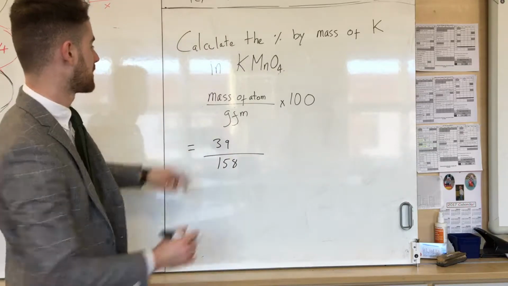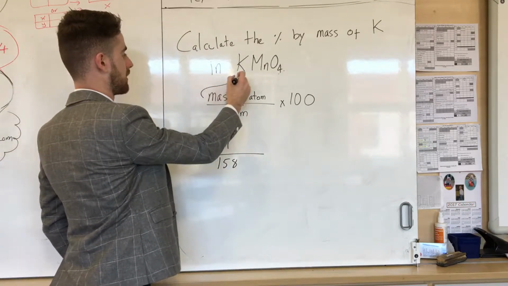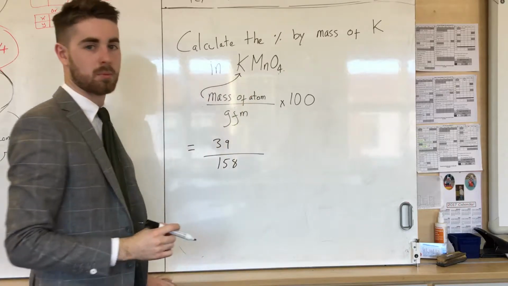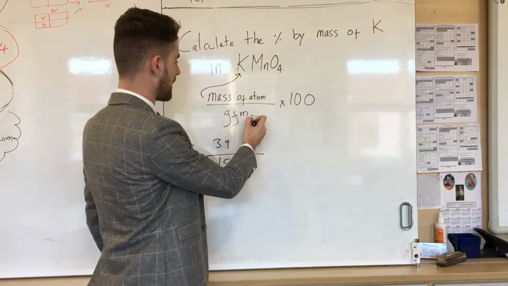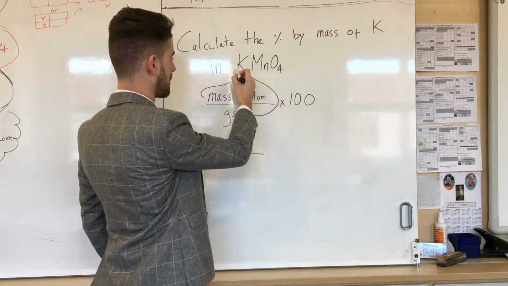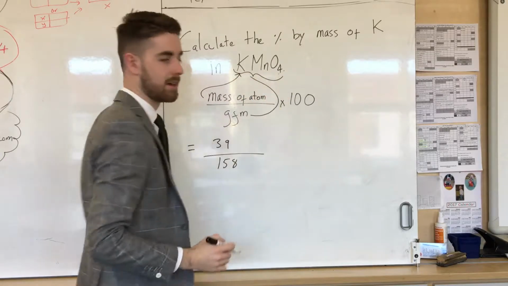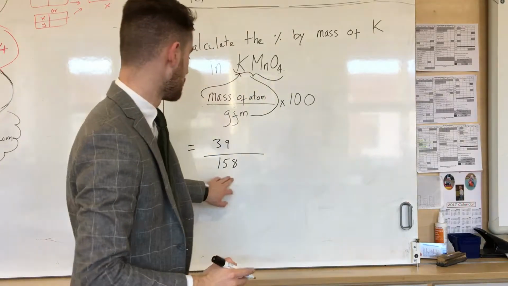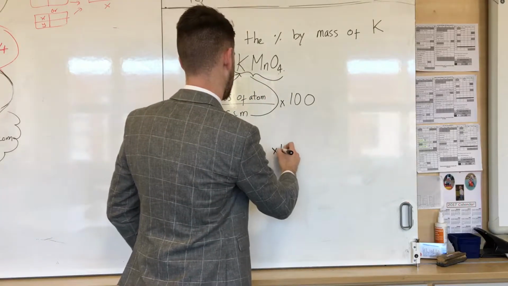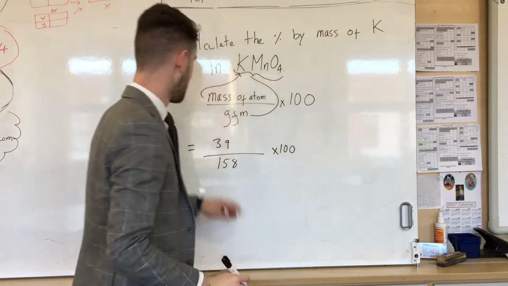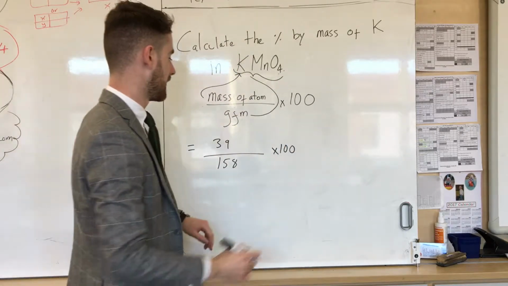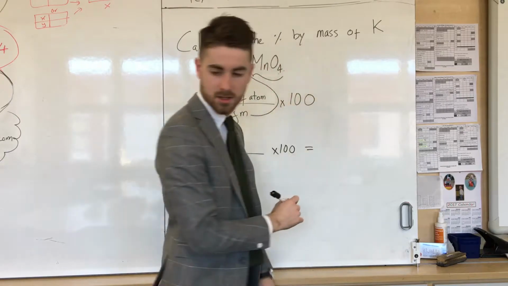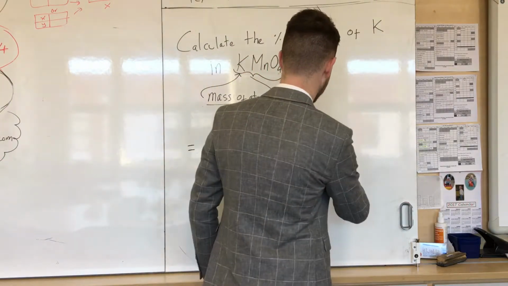So the mass of atom is related to our potassium. The gram formula mass is related to the entire compound. So 39 divided by 158 times by 100 gives us, I've got a wee sheet here with the working, 24.68%.